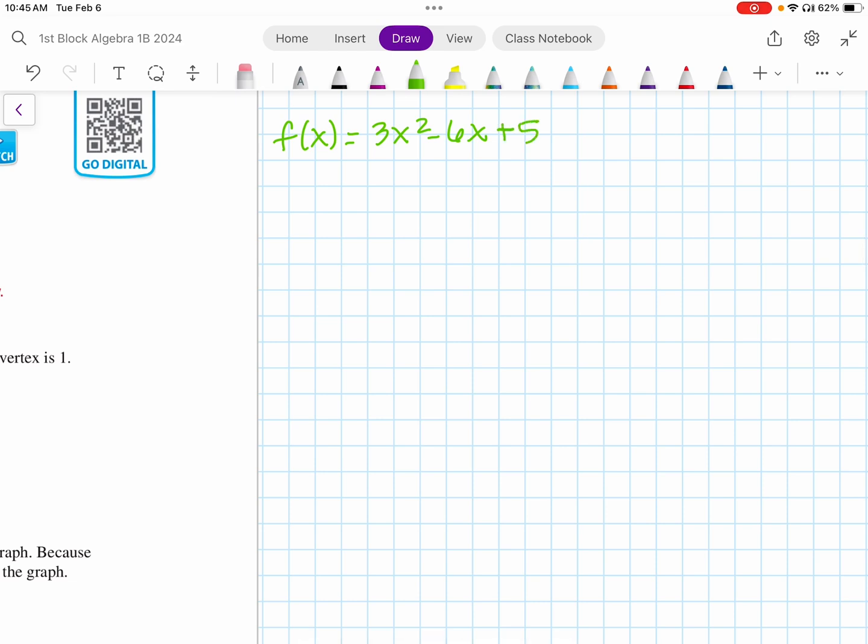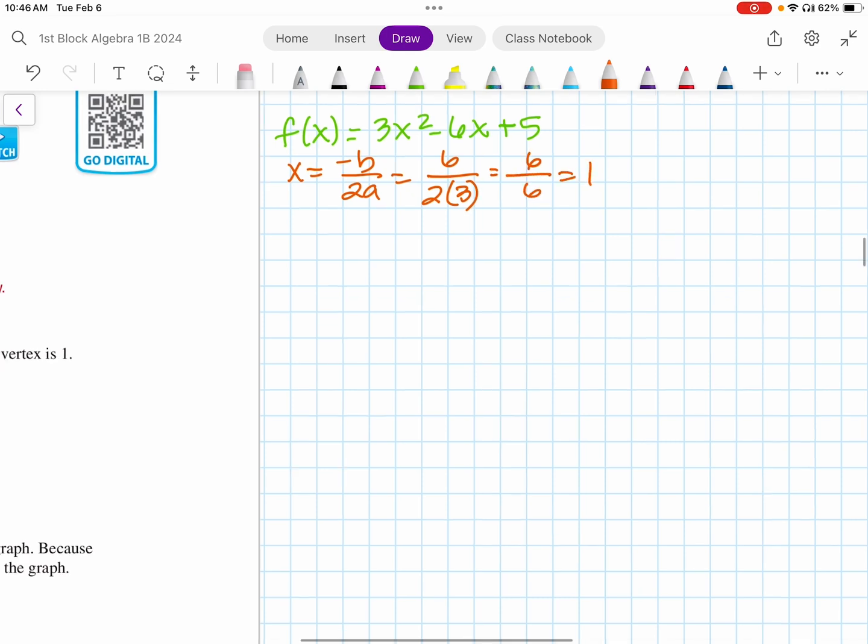All right, first, axis of symmetry. x equals negative b over 2a. The negative of negative 6 is positive 6. 2 times a is 6. That's 6 divided by 6, which is 1.